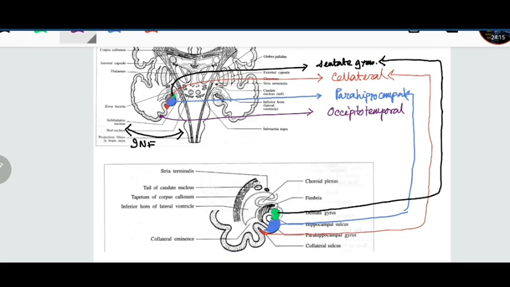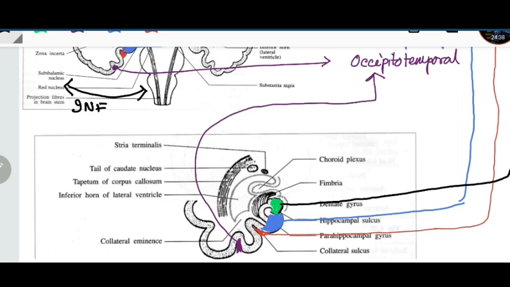This is the occipitotemporal gyrus. This sulcus between the dentate gyrus above and the parahippocampal gyrus below is called the hippocampal sulcus.